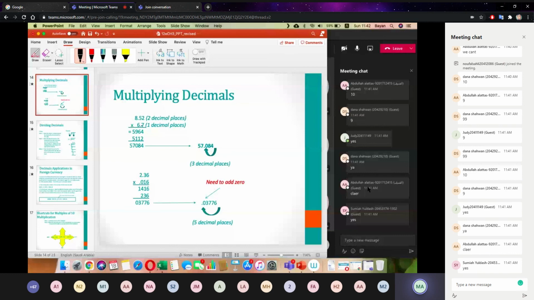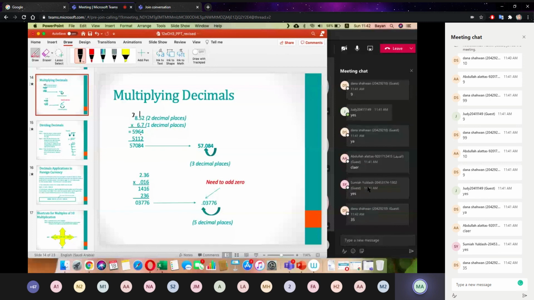So we read it as 852 multiplied by 67. We don't look at the decimal point now. 7 times 2 is 14. 7 times 5 is 35. Plus 1 is 36.